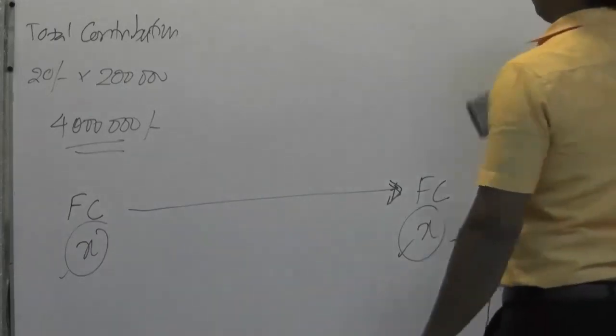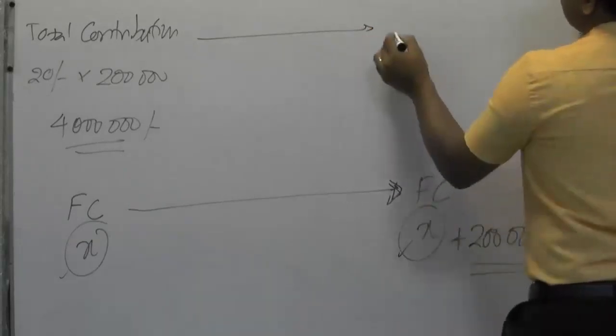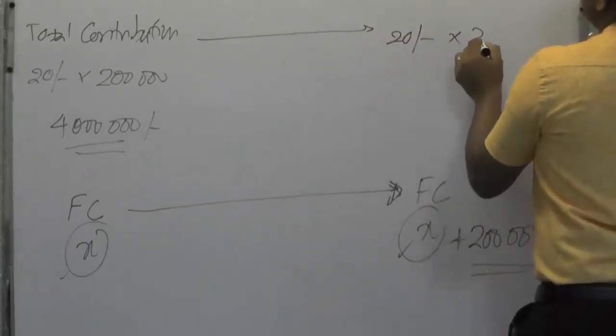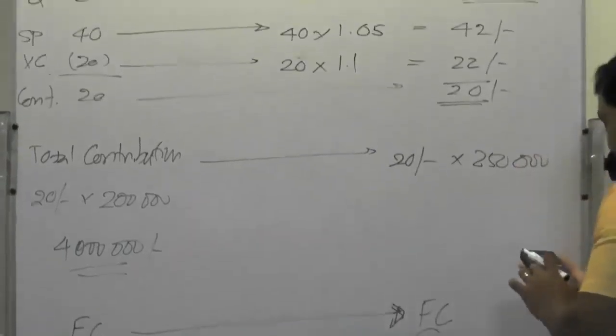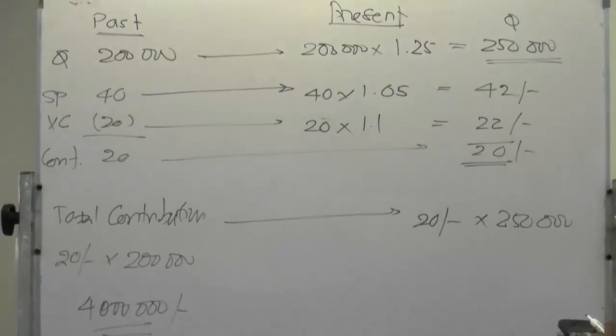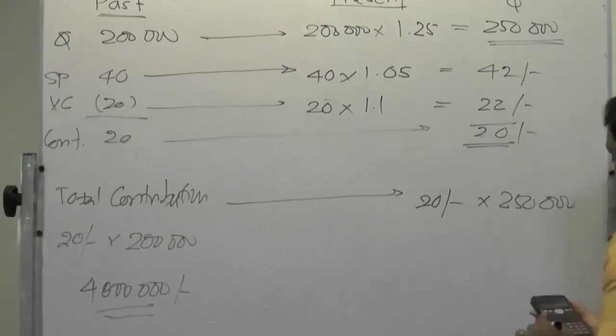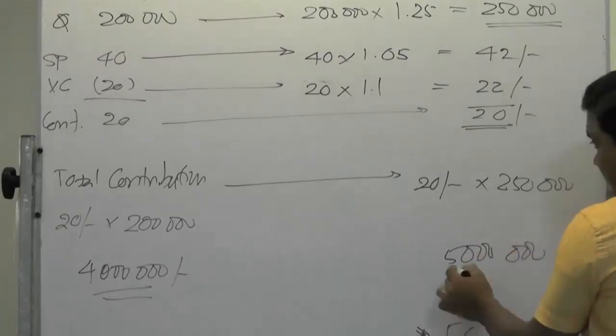Right, let's calculate the profit. We can calculate total contribution like this: 20 rupees into 250,000 units, that will be 5 million. Total contribution 5 million, right.